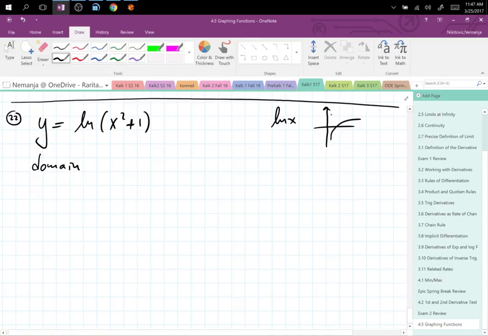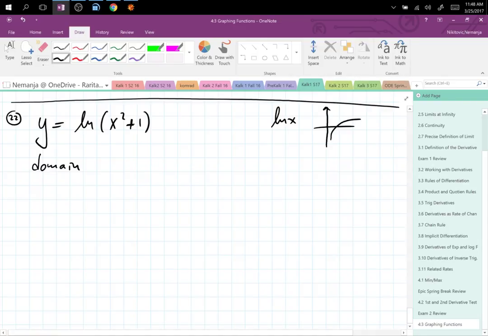What happens is you plug in 3 to x squared, it becomes ln 4, so it's cool. But when you put a negative 3, it's still 4, right? So now the ln x has the domain like this, but ln x squared has the domain that looks like this, because both values are allowed, positive and negative. All right, so now we have to worry about that.